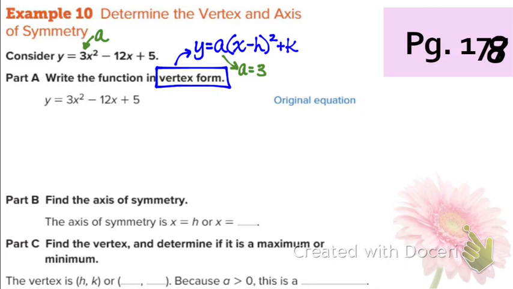We're going to find our axis of symmetry. Axis of symmetry is x equals negative b over 2a. What am I putting in for b? Negative 12.